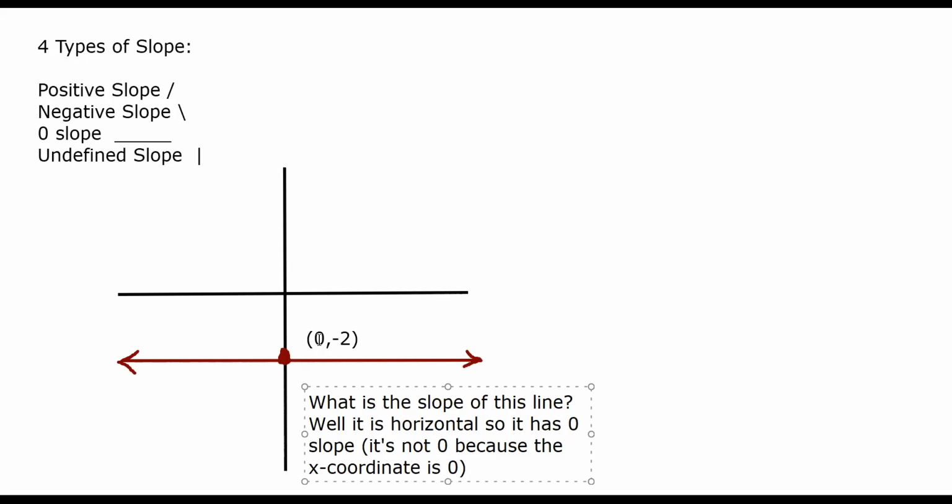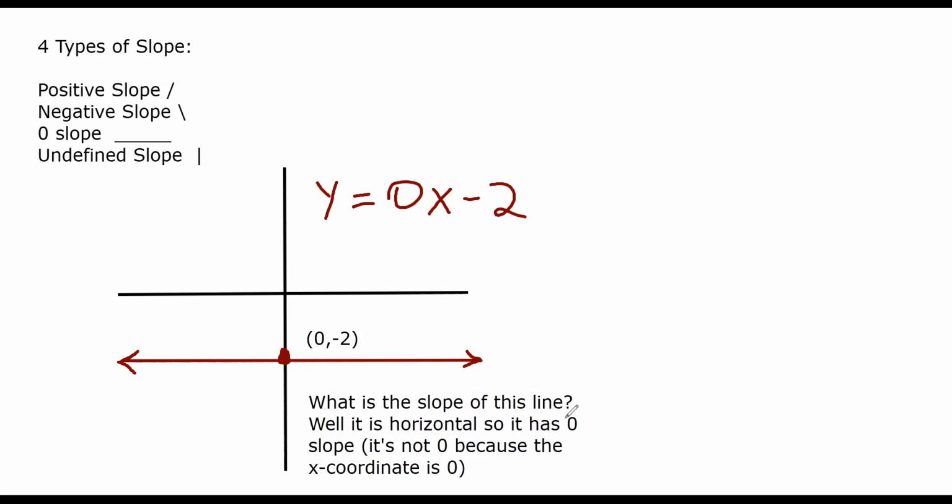It has nothing to do with this 0 over here. That's just a coincidence. So I know what the y-intercept is, I know what the slope is, so all right, let's try it out. y equals 0x, and then since the y-intercept, the meat and potatoes of it, is -2, I would put -2 there.